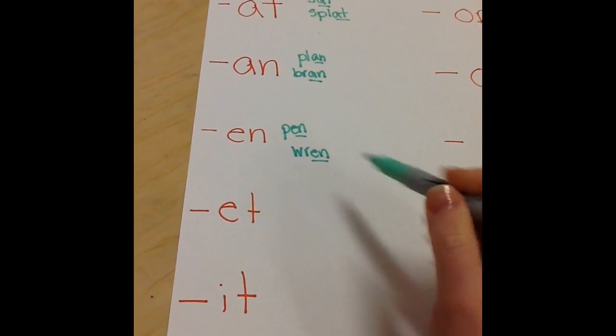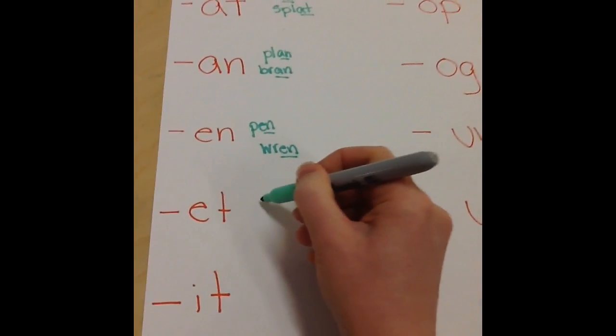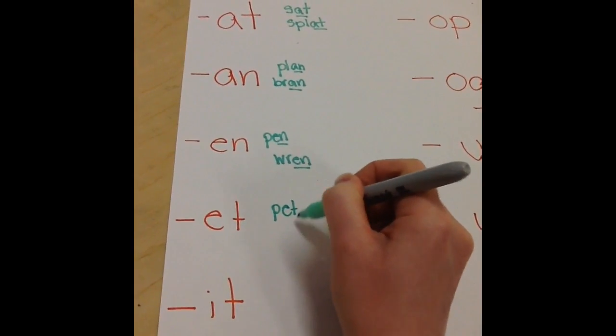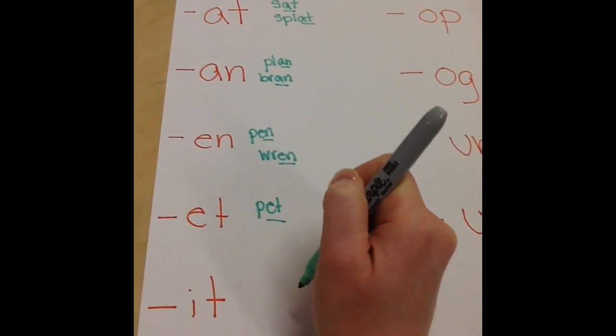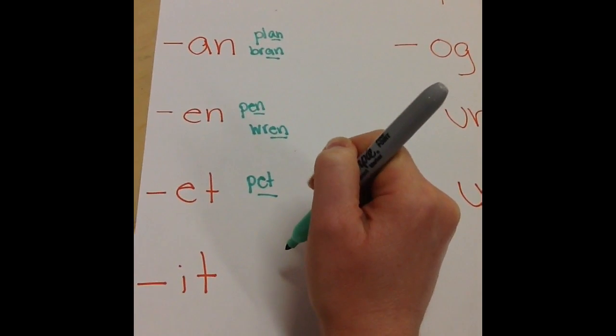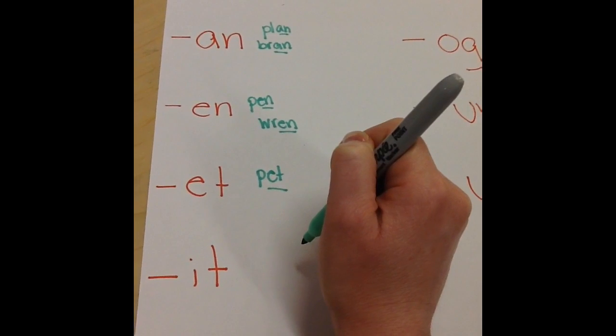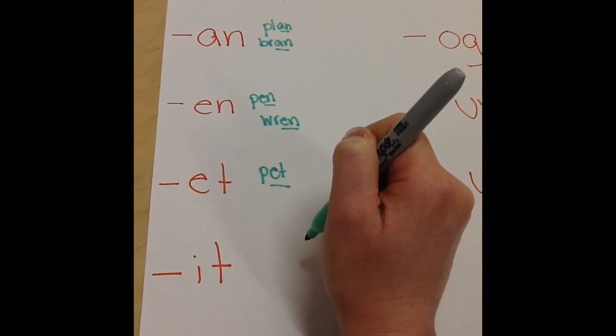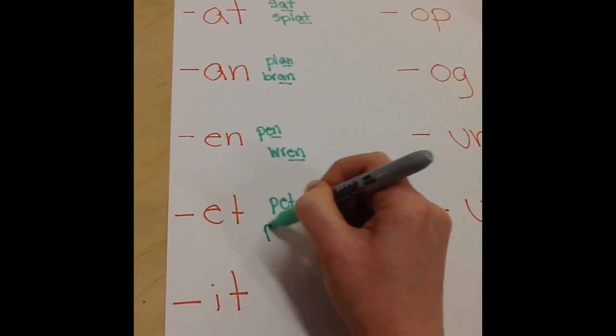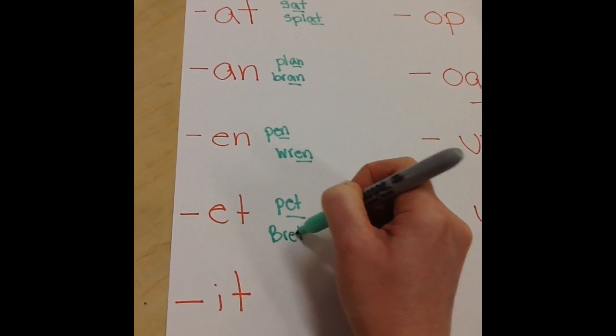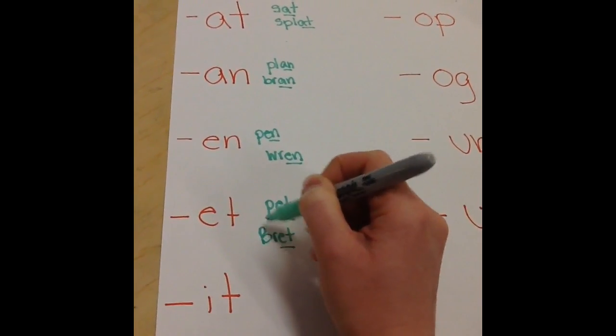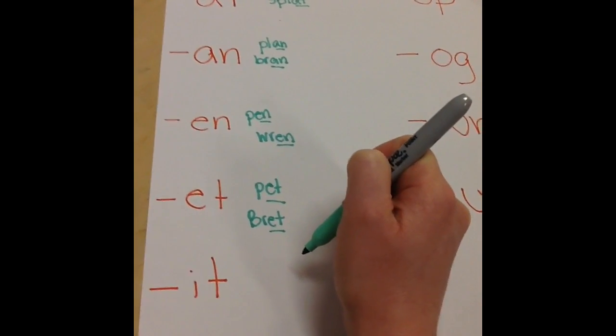What about the spelling pattern et, like in jet? Can you think of another word that has et in it? Touch your nose when you know. What about the name Bret? Br-et. There's a cluster br at the beginning, and I capitalized it because it's a name.